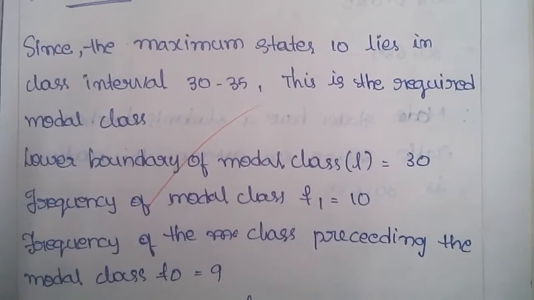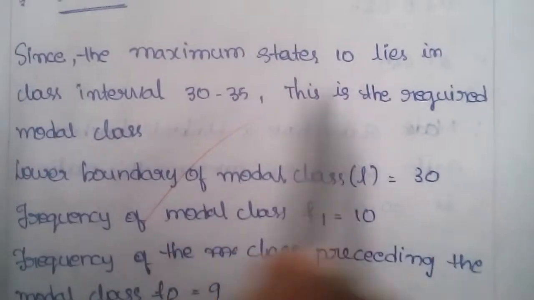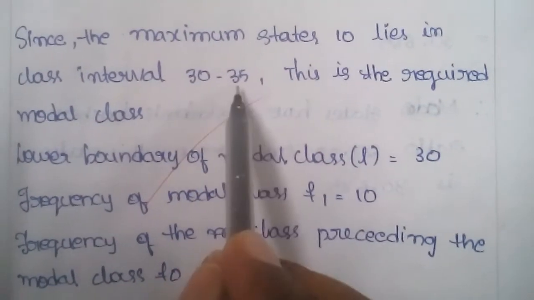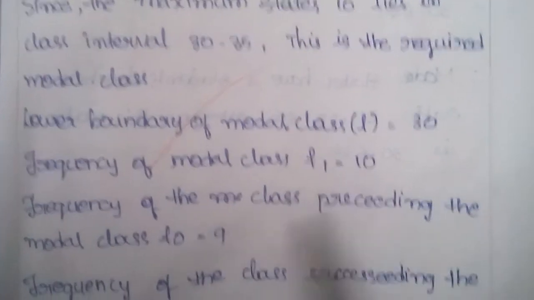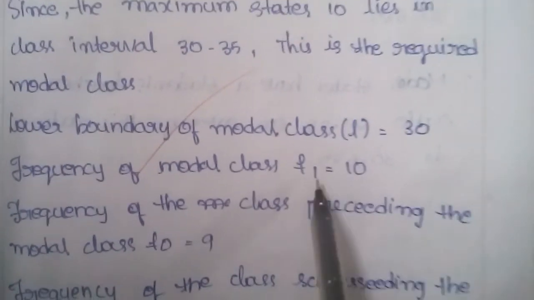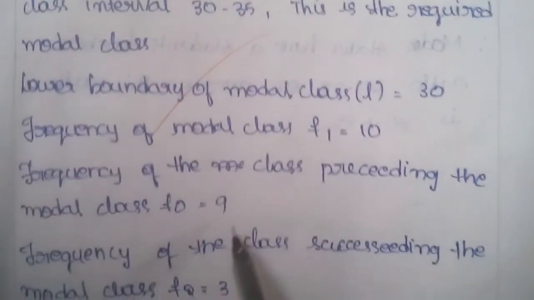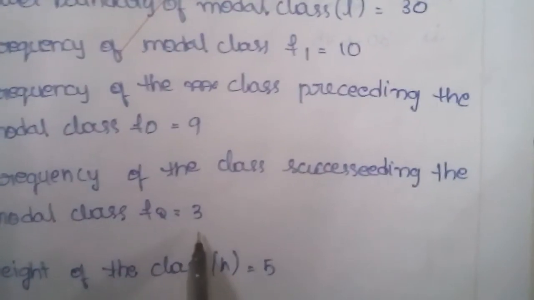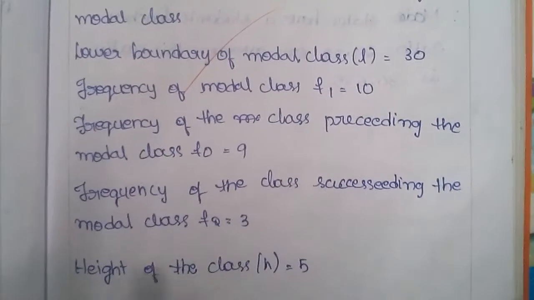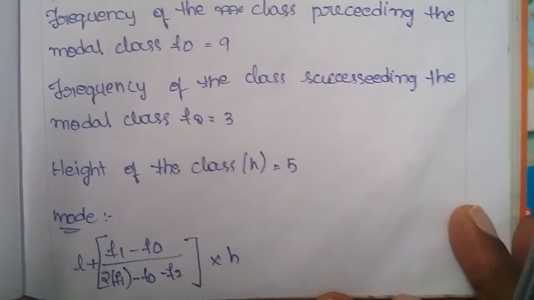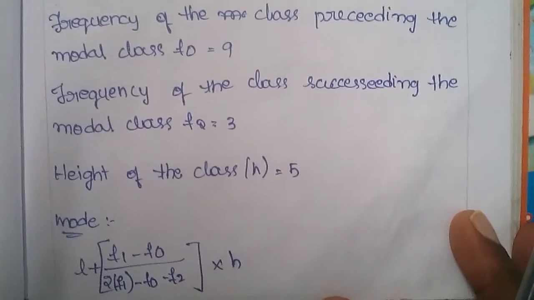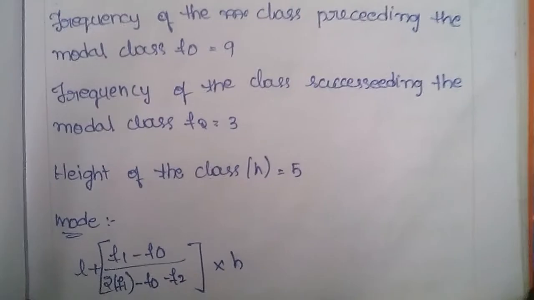Now calculating the mode. So 10 lies between 30 and 35. So L is 30, f1 is 10, f0 is equal to 9, and f2 is equal to 3. h is equal to 5. Here is the formula.